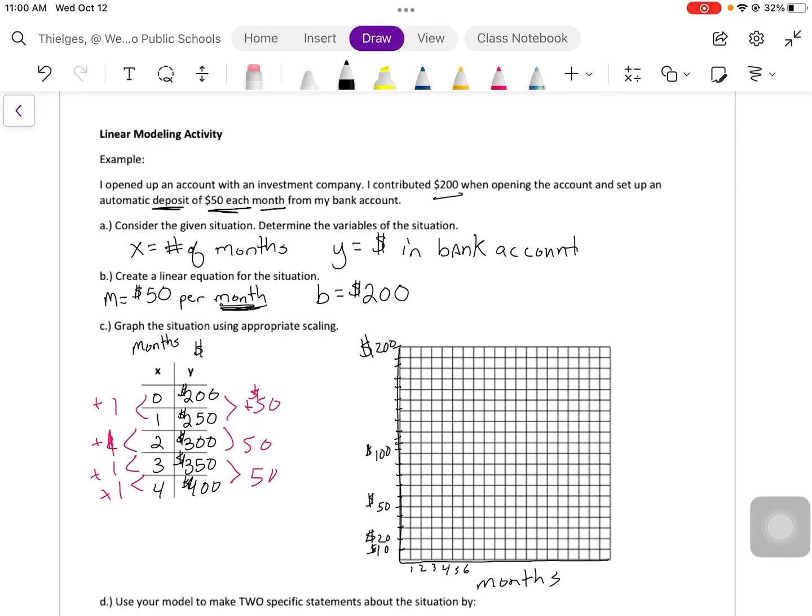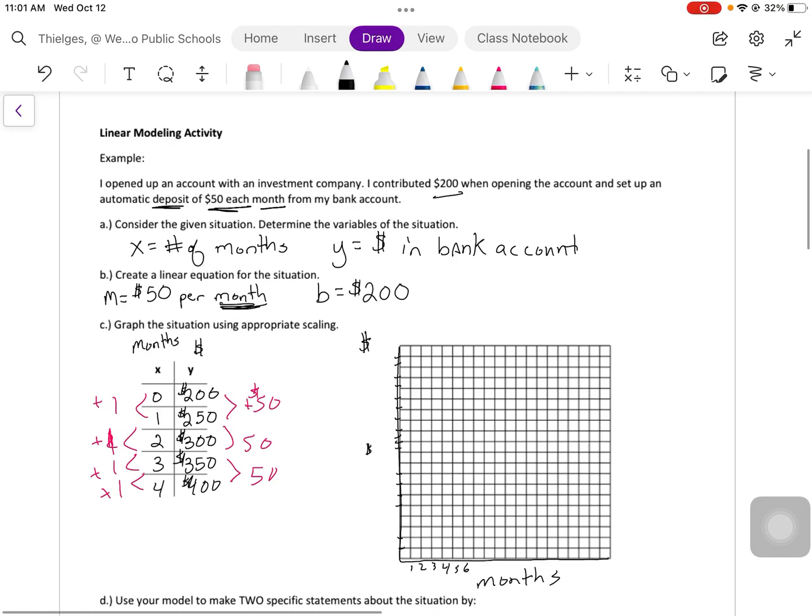And I'm plotting those points. I'm going to show it visually. I start at 0. I'll pick a different color to see it a little bit better. And I've got $200. Now, look how that went. $200, I'm going up to 250. That's really not a good scaling. So, my bad. Maybe I should go by something different. And you can go by whatever you want, just as long as it fits nicely.